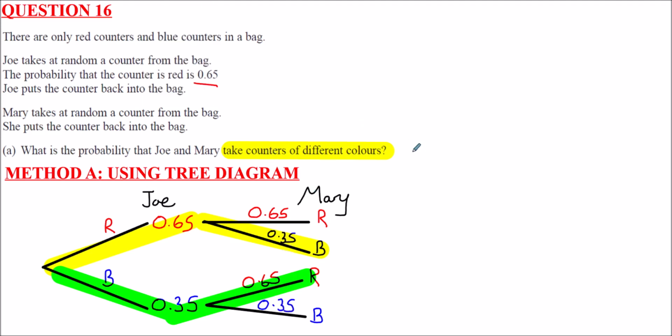So this here is a probability of a red then a blue, or, in probability, or works as a plus, it's a probability that Joe picked a blue first, then Mary picked a red. So now all we need to do is just work out these probabilities.